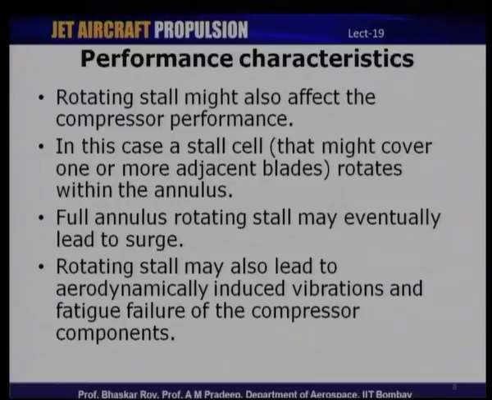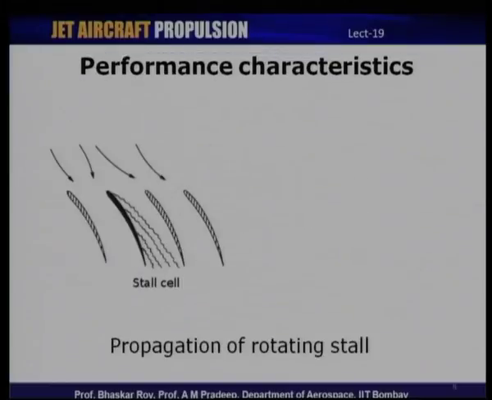So, rotating stall basically involves, I think we have discussed this in the last class, I will just go through it very quickly once again. In rotating stall, if there is a flow non-uniformity entering the compressor, in this case the impeller, and that non-uniformity initiates boundary layer separation on one of the vanes of the impeller, that would lead to a deflection of the flow approaching the adjacent set of vanes.